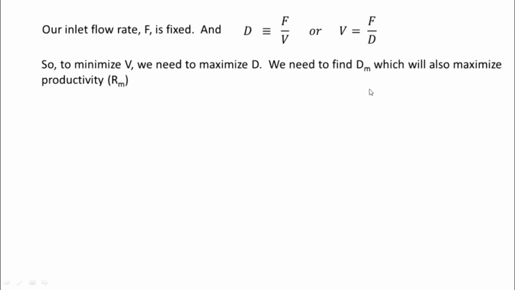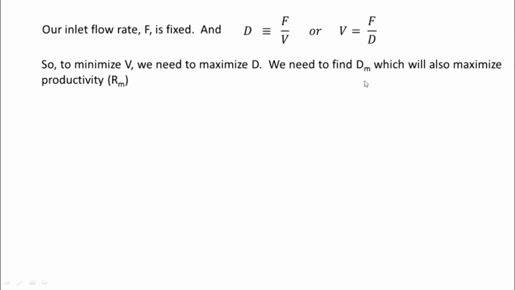Our inlet flow rate F is fixed, and the dilution rate is defined as F by V, or the volume of the reactor is F by D, just transposing this. And so to minimize V, we need to maximize D, because V equals F by D. When V is minimum for a constant F, D has to be maximum, only then V will be minimum.